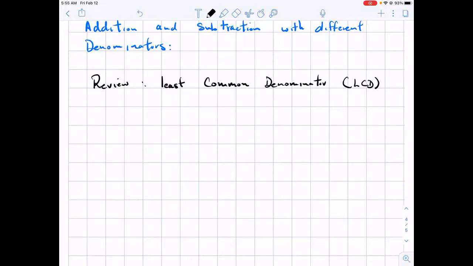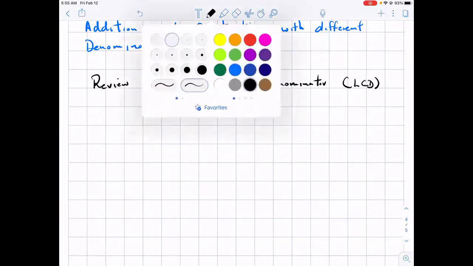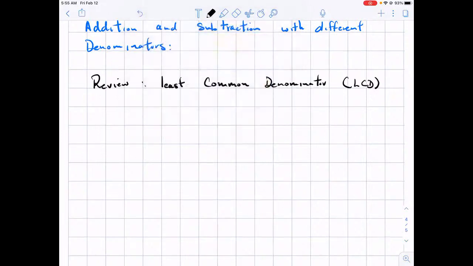So let's look at an example that involves fractions, because I don't want to really worry too much about least common denominator. For our case, we can find what is called a common denominator.